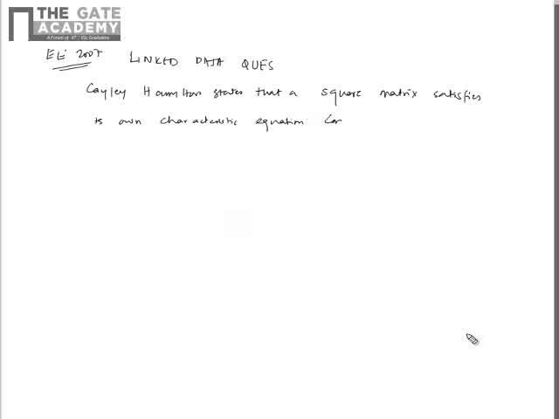So consider a matrix A equal to [-3, 2; -1, 0]. This is a linked data question. The first question was: A satisfies the relation, and the options are given.